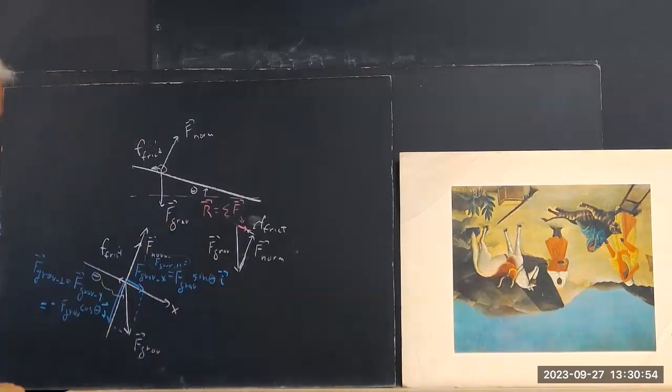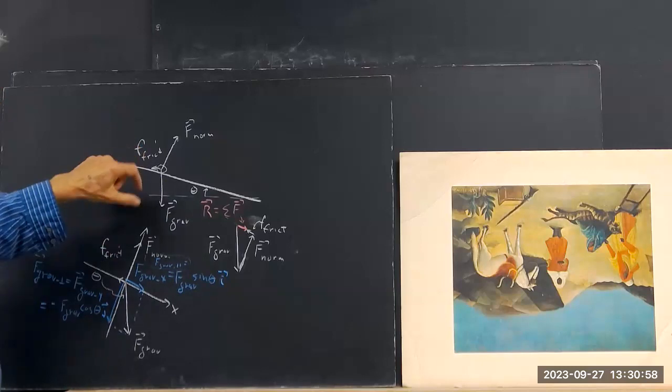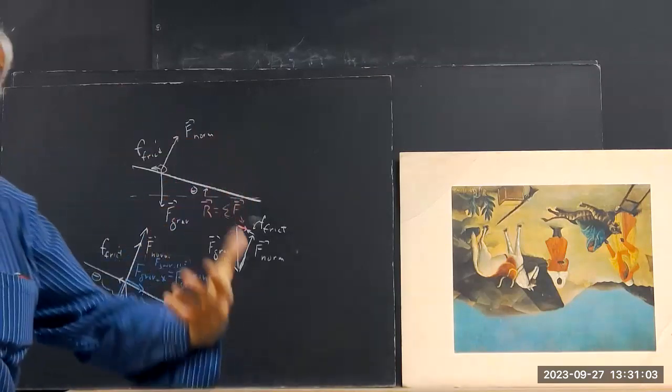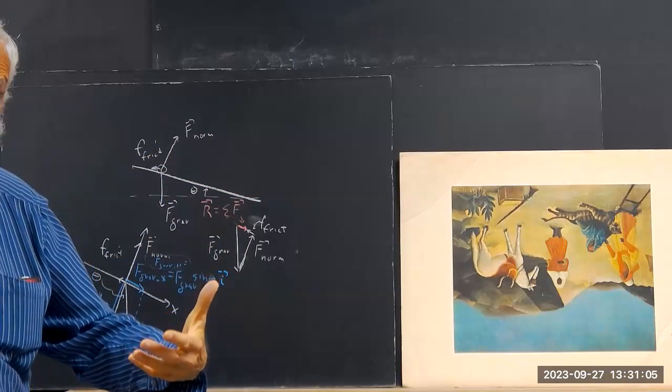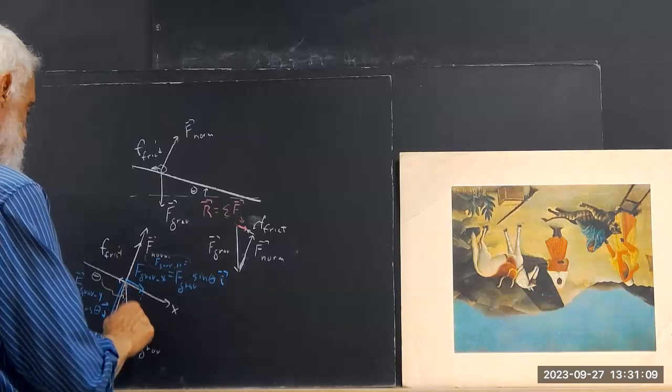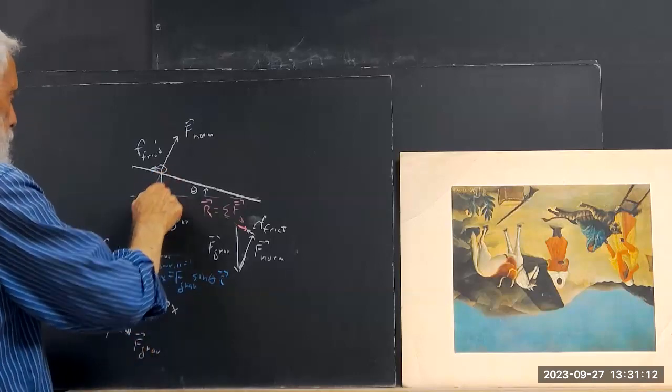I wrote that kind of small. I didn't think to write it before. We called it F gravity perpendicular and F gravity parallel, and I could have done that on this diagram with no X or Y axis. And then I could cross out the F gravity. Matter of fact, I can do that.